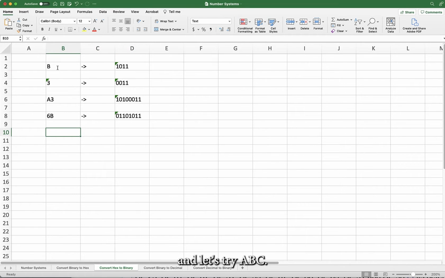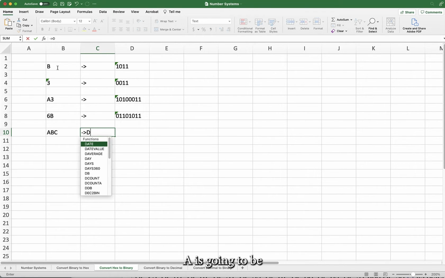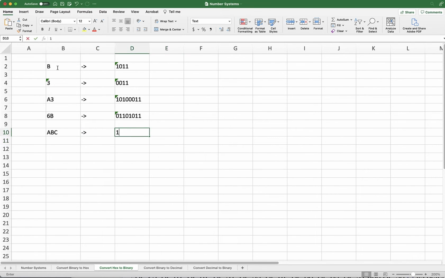And let's try ABC. Well, the rules of mathematics never change. So therefore, ABC is going to be 1010 for the A. B is going to be 1011, and then C is going to be, what do you guess?